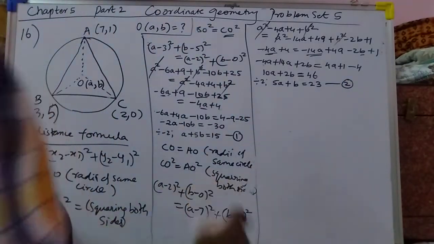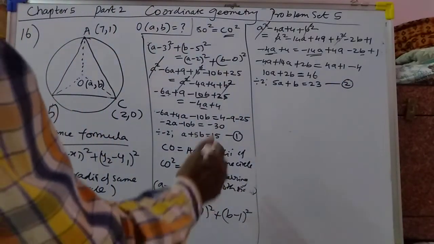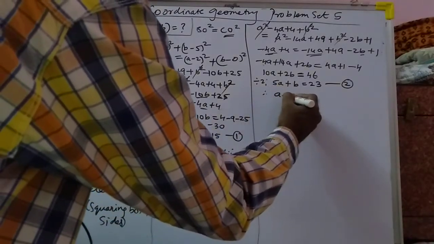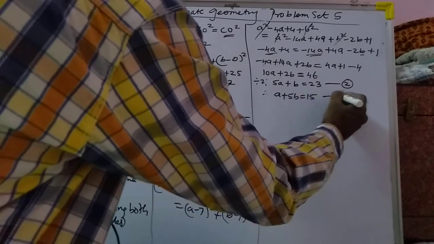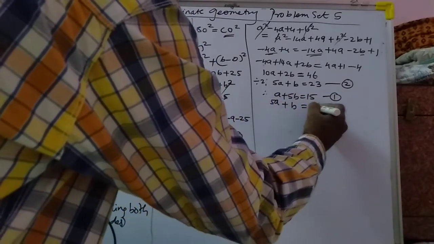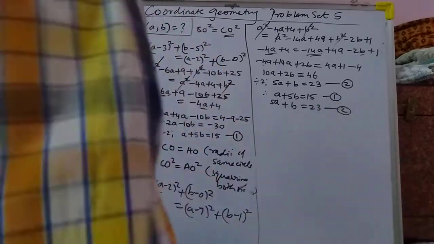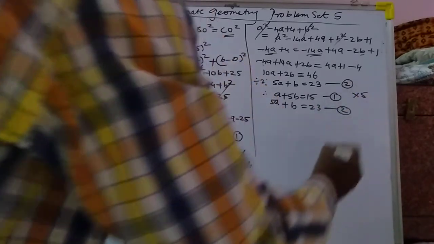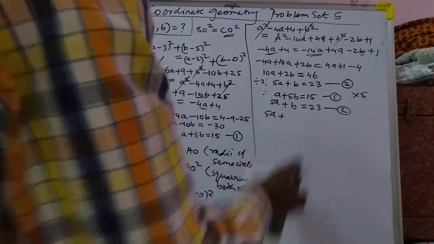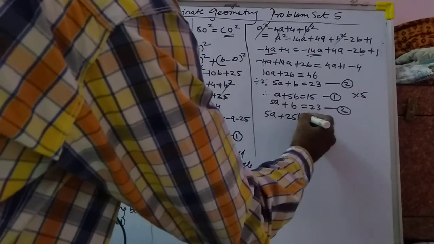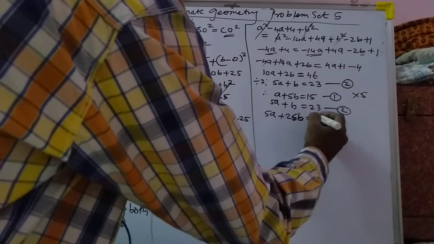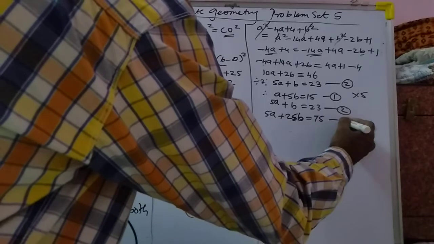Now bring that first equation. Therefore a plus 5b is equal to 15, equation 1. 5a plus b is equal to 23, equation 2. Multiply equation 1 by 5, so you will get 5a plus 25b is equal to 15 into 5, that will become 75, equation 3.